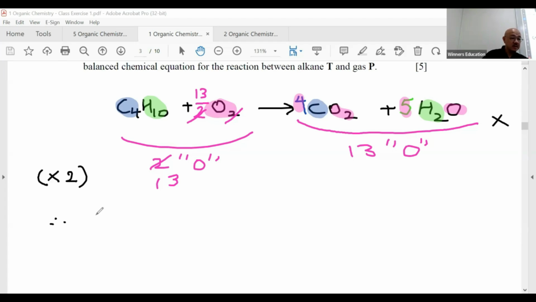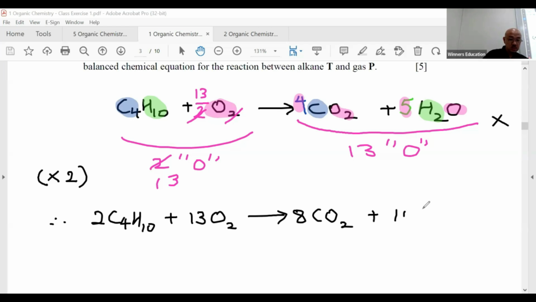And therefore, this is your balanced equation. Don't believe, you count. I'm very sure it is balanced for all elements. Through this question, this is a quick recap for writing equations with strategy.